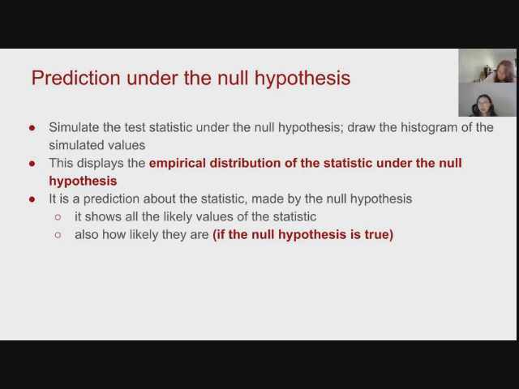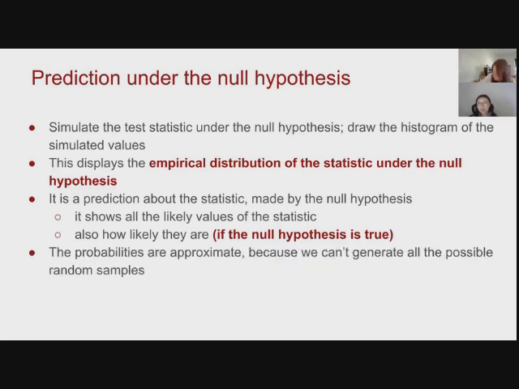If you remember histograms, with the same bin width, the height gives us a sense of how likely it is at each bin. So the bins tell us the likely values of the statistic, and how tall each bin is tells us how likely each value is. That overall can help us evaluate our hypothesis.